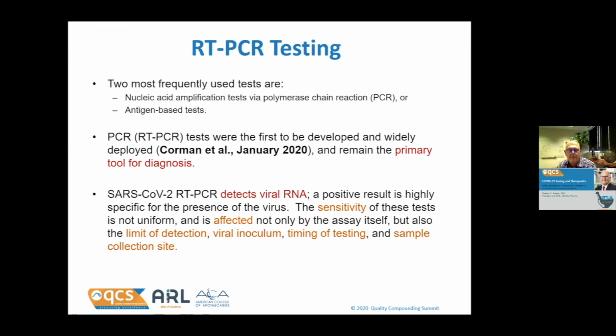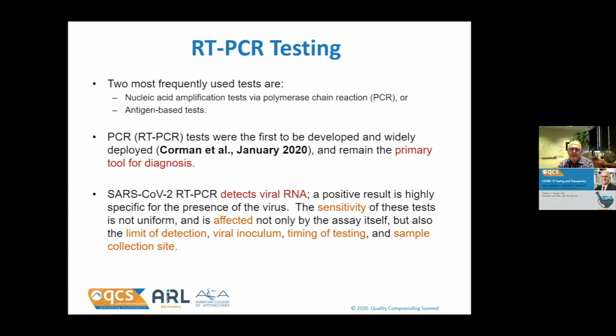Okay, looking at the real-time PCR testing, there are two frequently used type tests: the nucleic acid amplification test, as we just stated, and antigen-based tests. The real-time PCR test was first confirmed and developed by Corman in 2020.